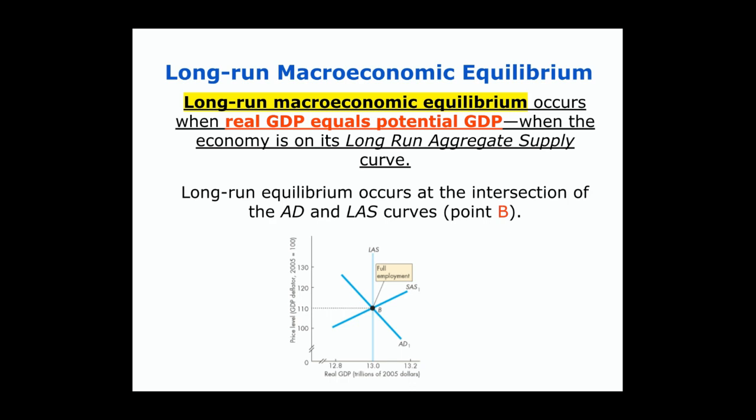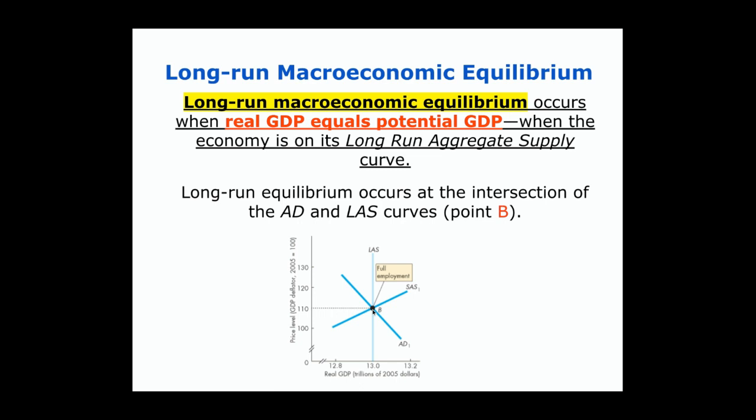When the short run macroeconomic equilibrium, where aggregate demand and the short run aggregate supply curve intersect each other at point B, intersect each other on the long run aggregate supply curve, the economy is at potential GDP.